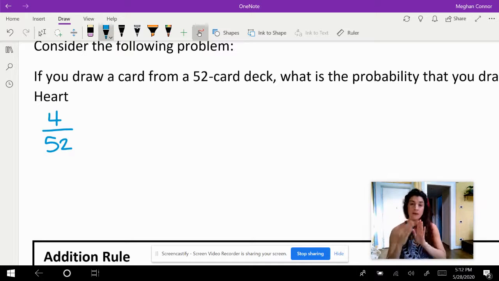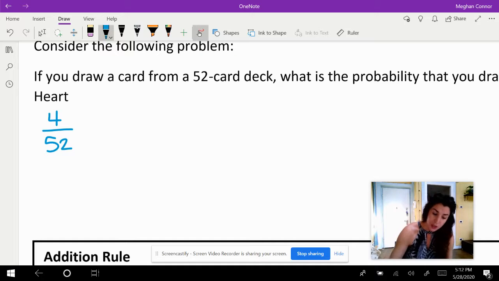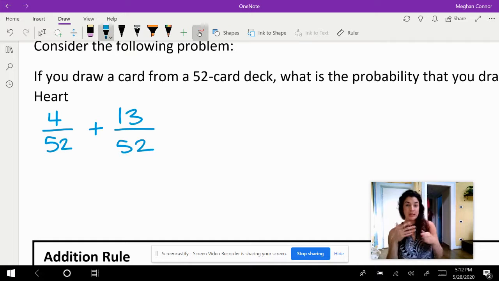A fourth of the deck of 52 is hearts, and a fourth of 52 is 13. So it could be 4 cards that we pull out, or the 13 heart cards would also be under this probability. So it could be those 4 or the 13 that are hearts.